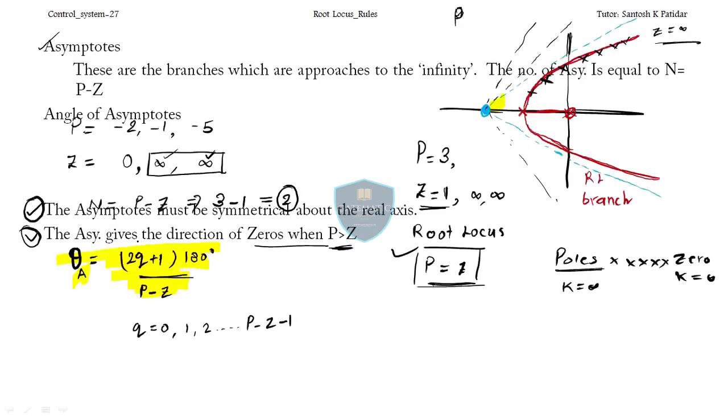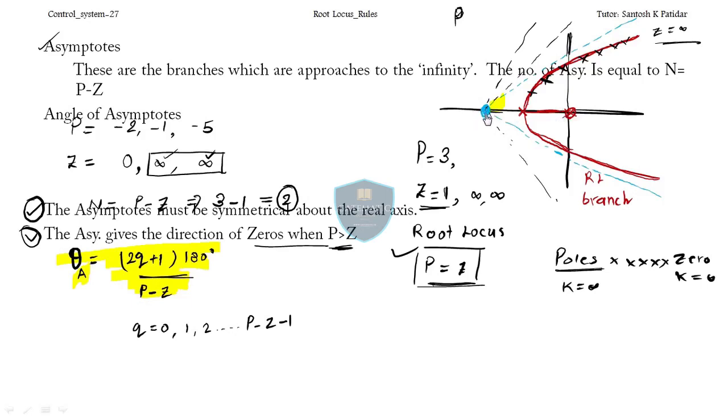Now let's come to the next point, and that is centroid. So what is the centroid? Related to this particular asymptotic line, we have seen one thing, that is the angle of this line to the real axis. Then we'll see at what point this asymptote will start on the real axis.